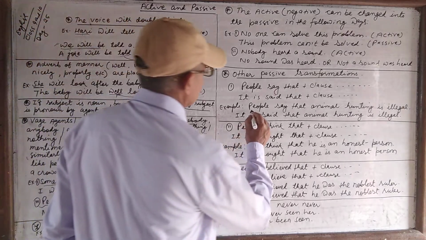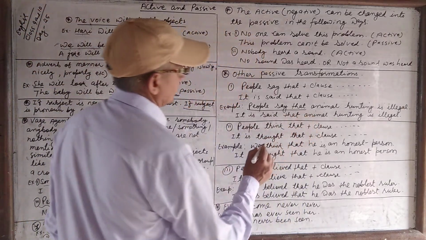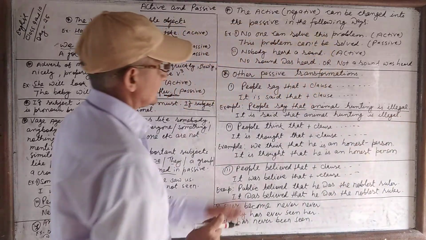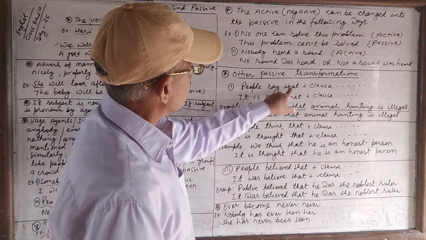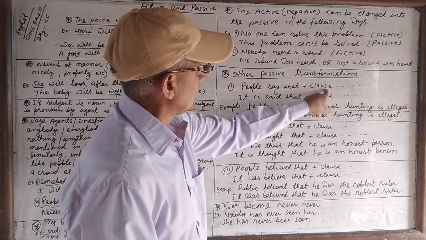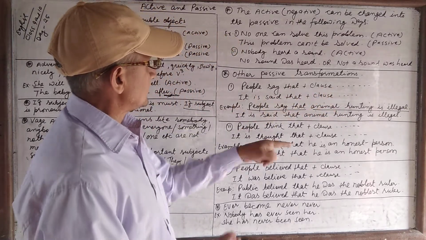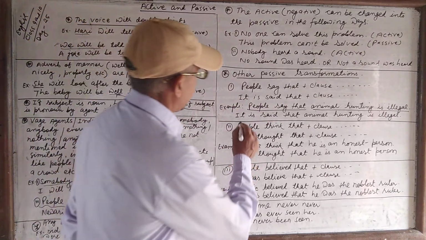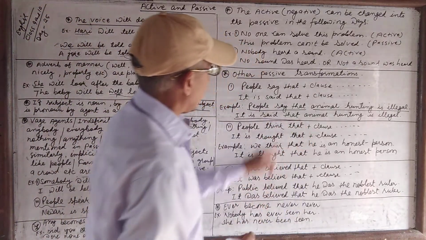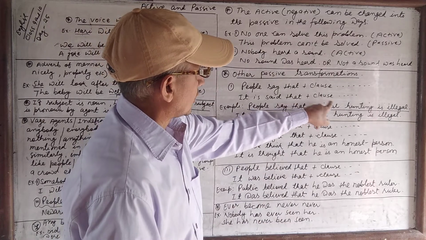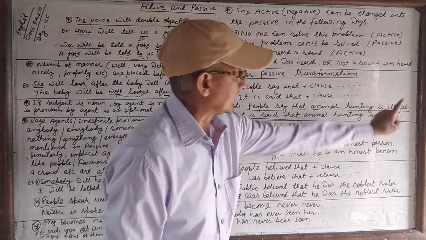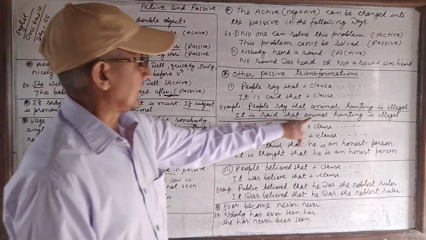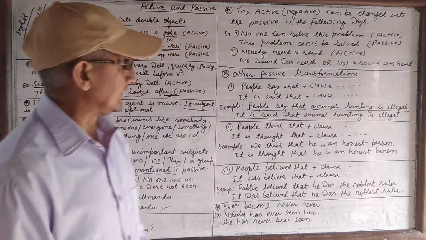Here, people say that is one part, and animal hunting is illegal is the clause. And how do we change it into passive? It is said that, and after it is said that comes the same clause: animal hunting is illegal. Okay? It is said that animal hunting is illegal.